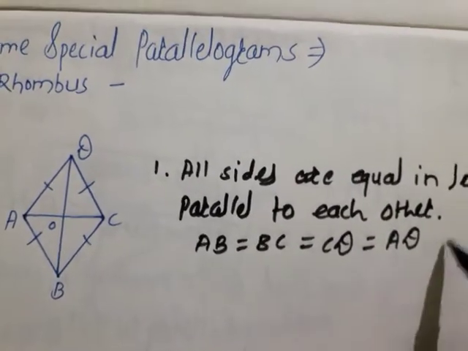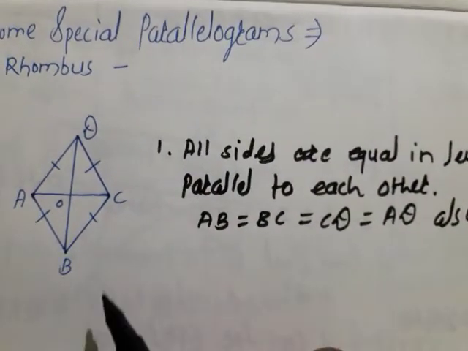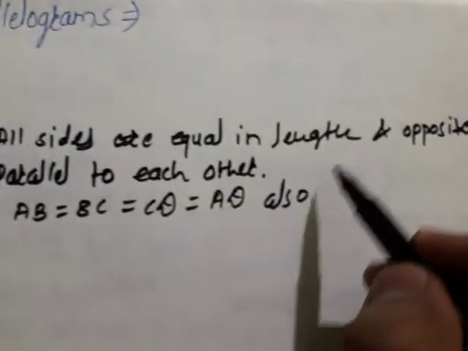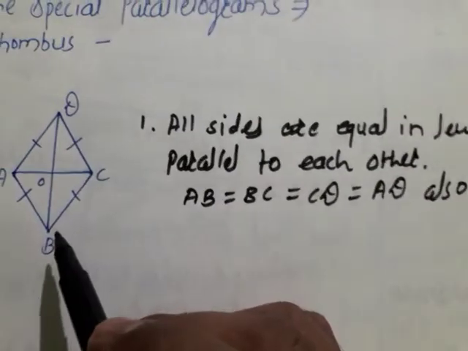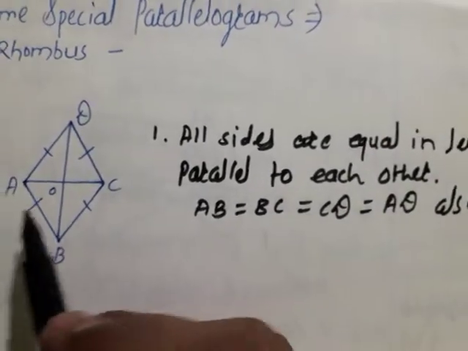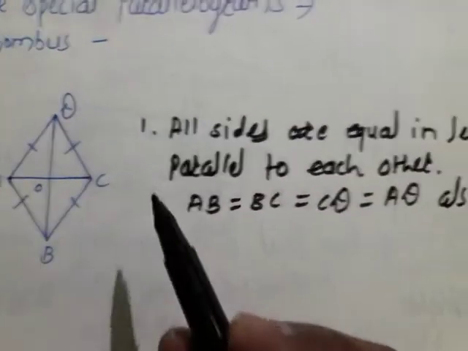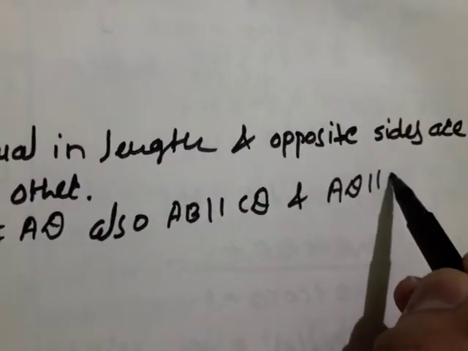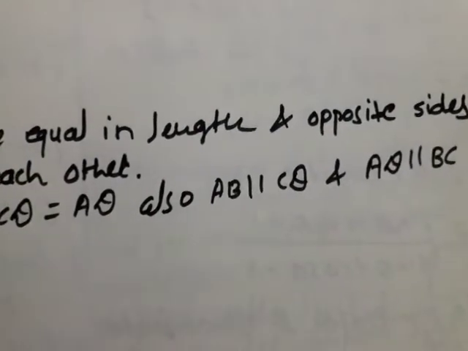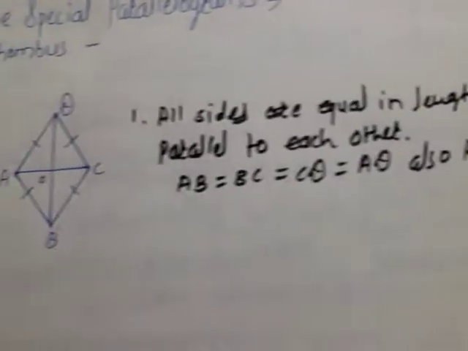Are you getting it? Also, one important thing we can say, AB is parallel to CD and AD is parallel to BC. Got the idea? This is the first property regarding the rhombus.